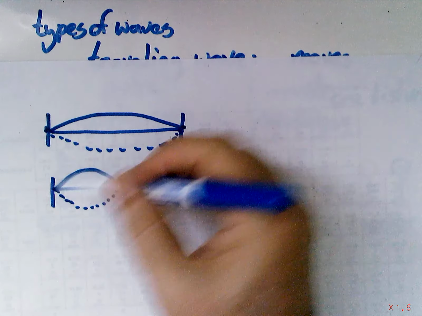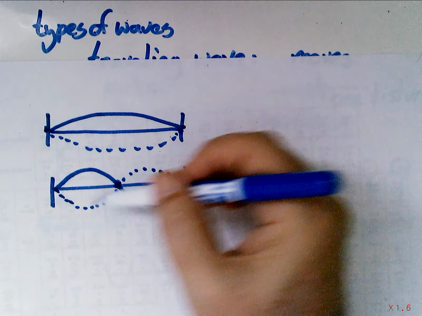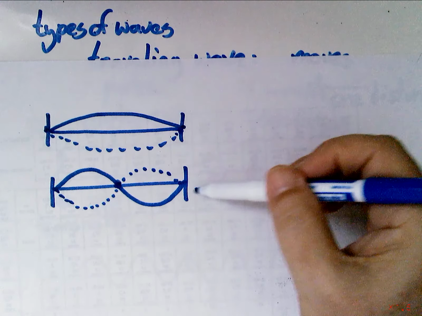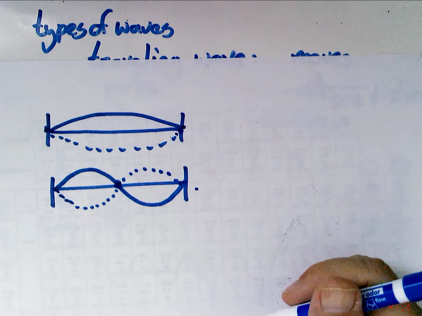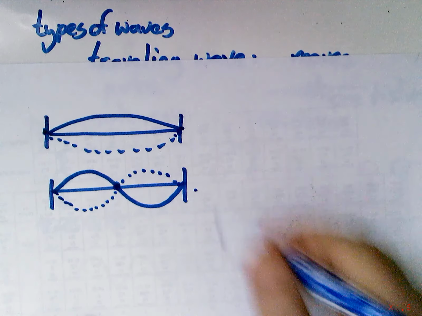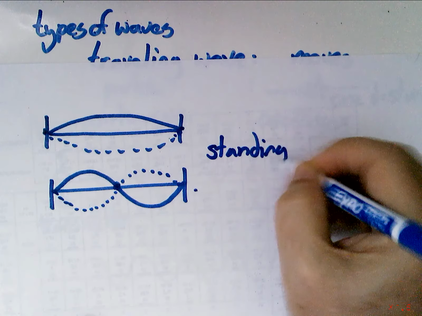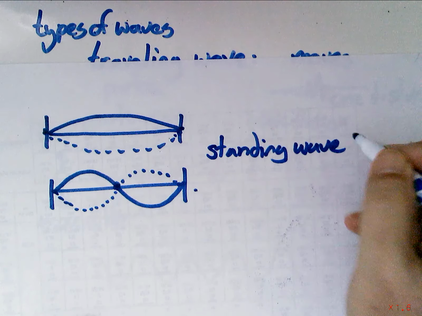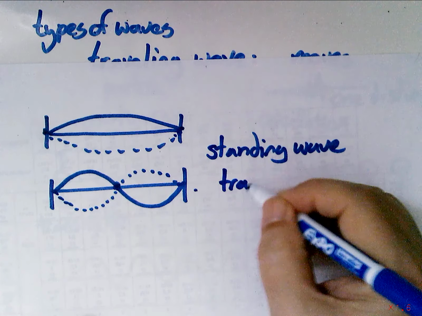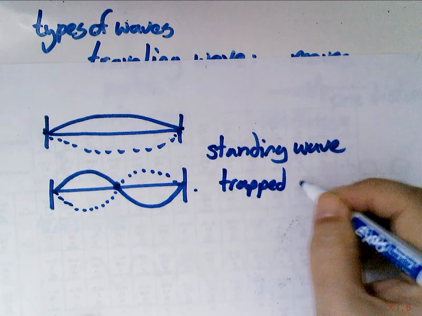So it's kind of like this wave hits there and then gets reflected back, and then hits there and gets reflected back. And it's trapped on the guitar string. This is called a standing wave. So a standing wave is trapped in one place.